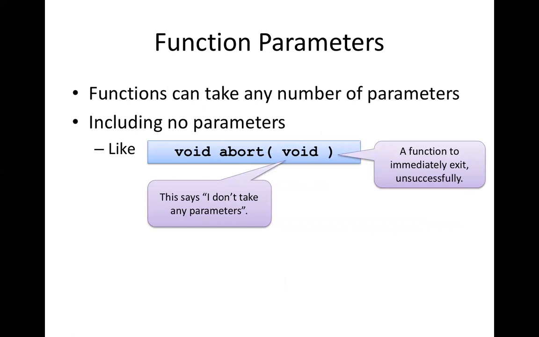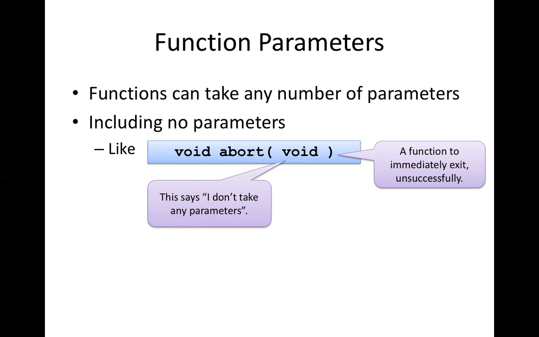When you're writing a function, it can have parameters and it can have a return value, but it doesn't have to. You can have functions that have no return value, in which case you just mark them as void returning functions, just like in Java. If they don't take any parameters, you can put the word void inside the parentheses when you're defining the function, and that's a way of saying this function doesn't take any parameters.